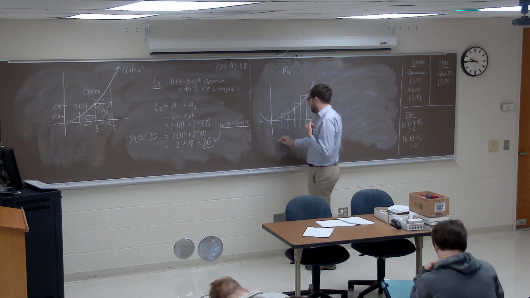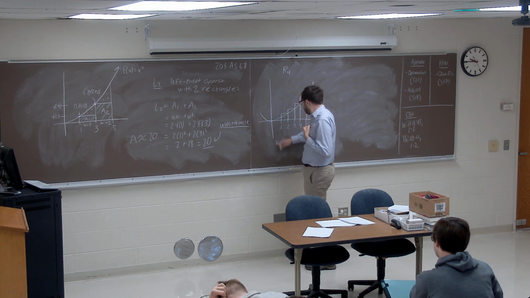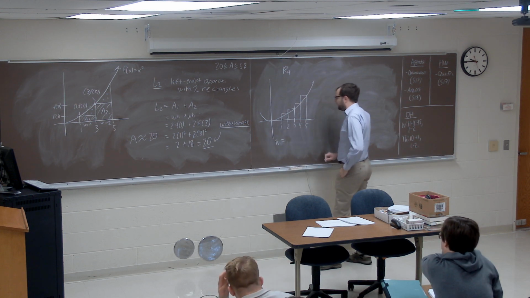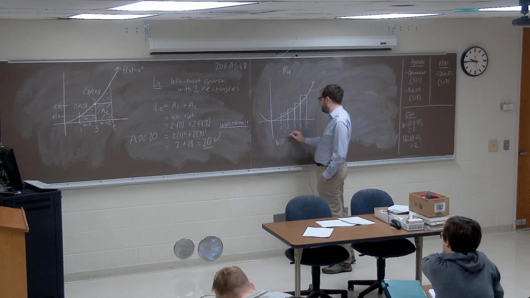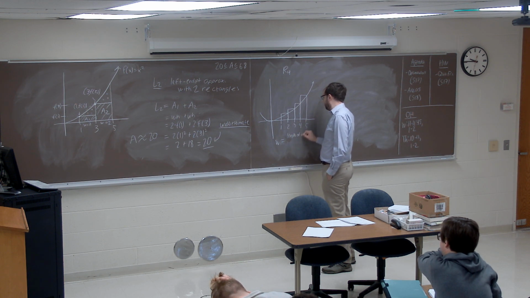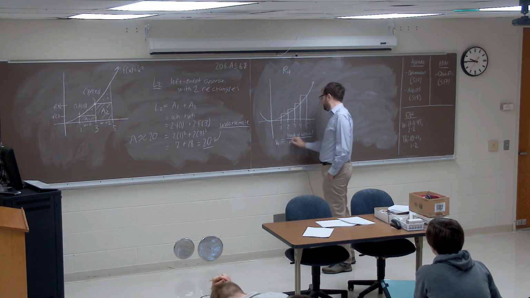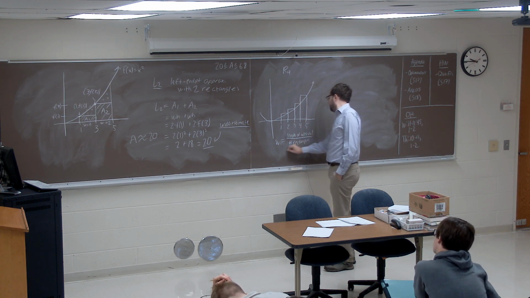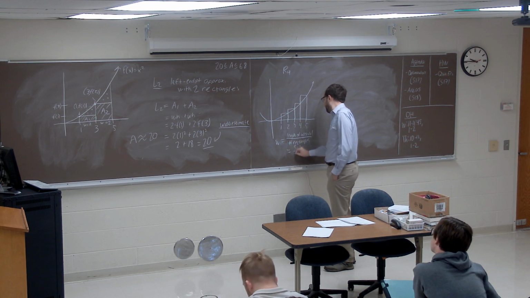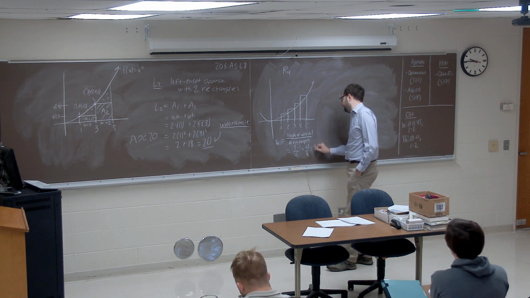Once again, if we use the same formula we did on the last page, W, our width, is going to be the length of the interval divided by the number of rectangles, which in this case is 5 minus 1 over 4, which is 4 over 4 or 1.